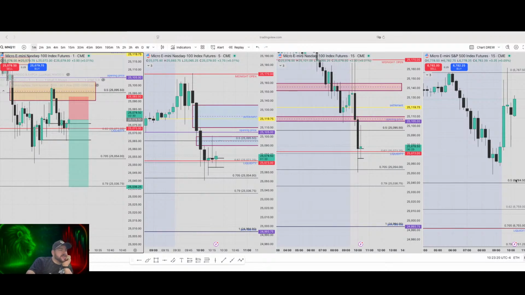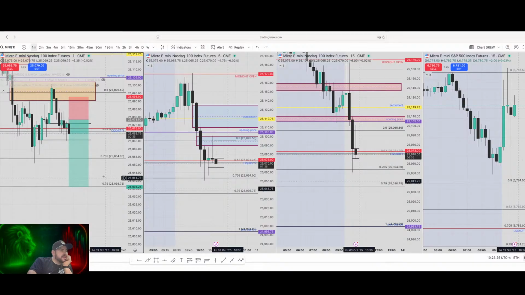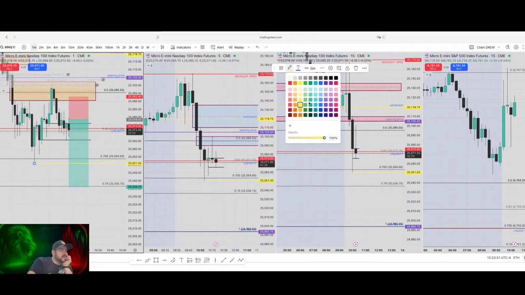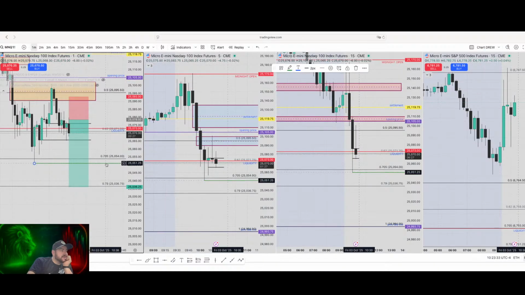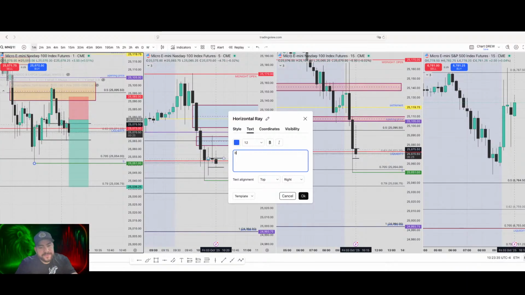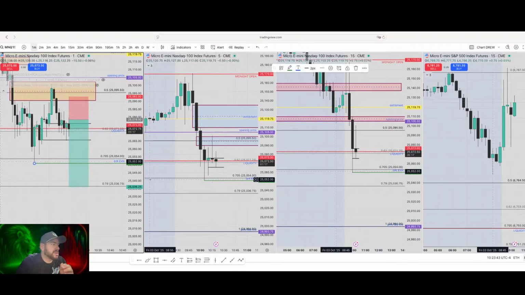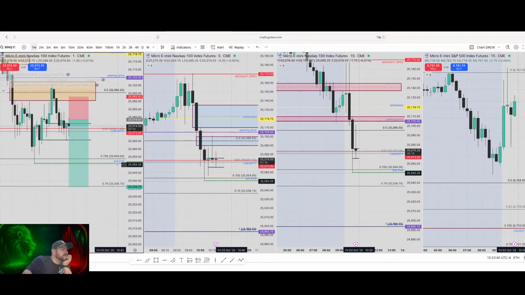I want to see a good push down here, all the way down. This is the break-even point right here. This green one right here, break-even. Break-even right there.